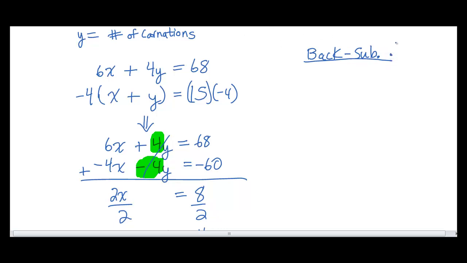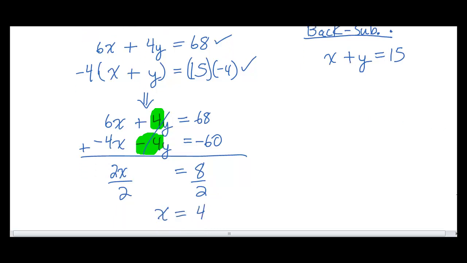Well, I can go to this equation or this equation or this equation. I'm going to go to the equation x plus y equals 15. And since I know that x is 4 from before, I have 4 plus y equals 15. Sorry about this mess here.